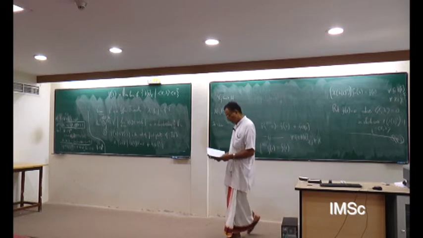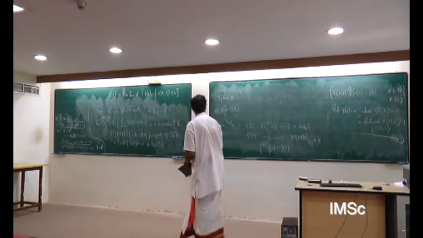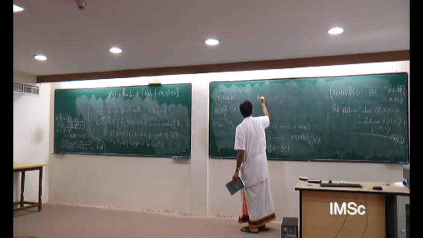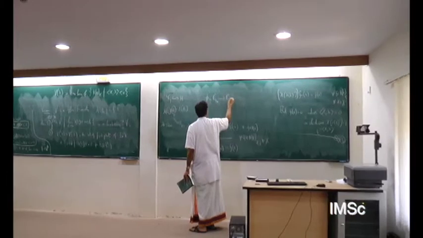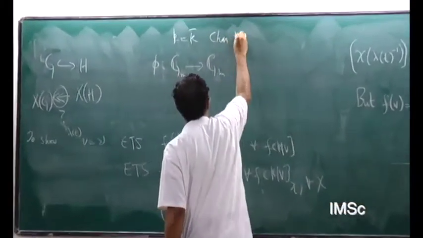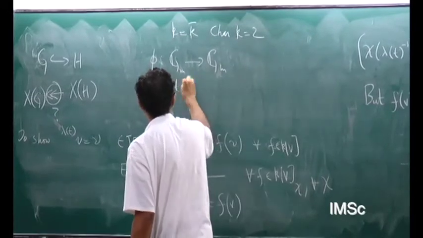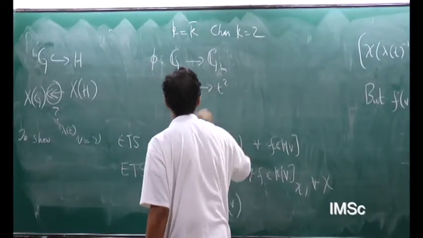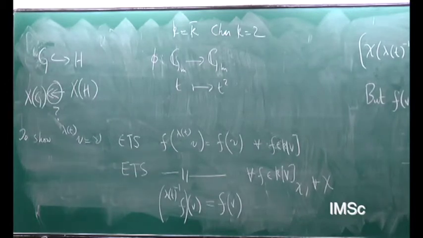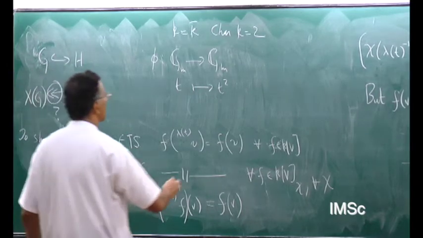If phi is injective, let's give a counterexample. So if I think of phi from Gm to Gm, with K equals K bar and characteristic of K equals 2, and T going to T squared, this is an injective map. And what is it on the characters?